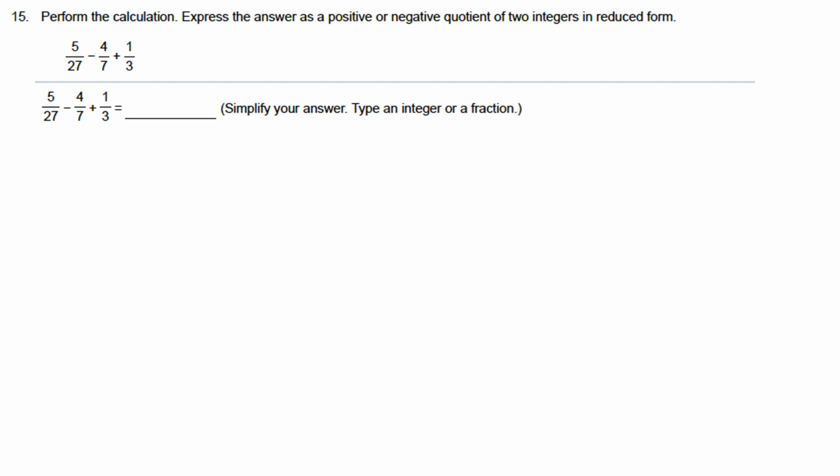Perform the calculation. Express the answer as a positive or negative quotient of two integers in reduced form. I have 5 over 27 minus 4 over 7 plus 1 over 3. First, I'm going to subtract these two fractions.